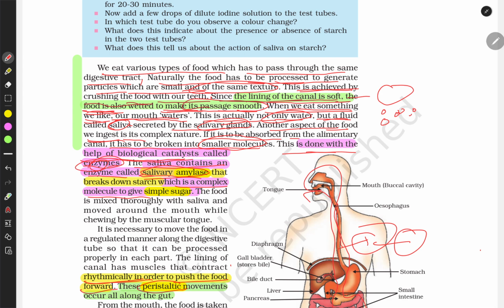Enzymes break down the food into simpler molecules, and saliva contains an enzyme called salivary amylase that breaks down starch, a complex molecule, to give a simple sugar. So the saliva enzyme is helping break down complex starch into simple sugar.